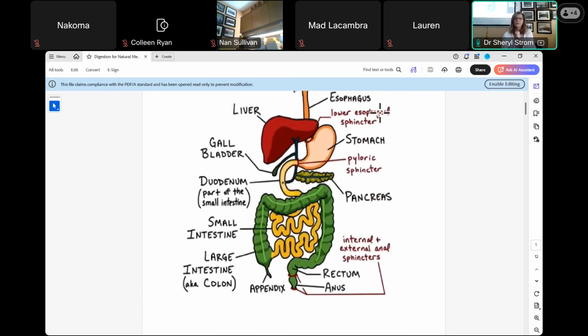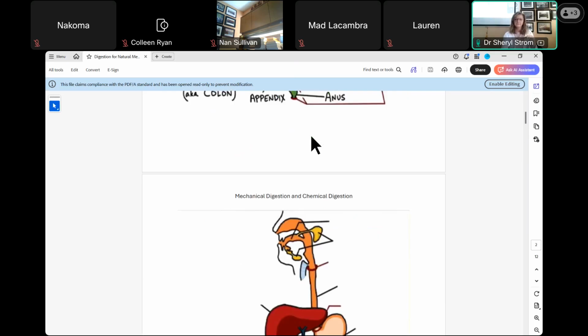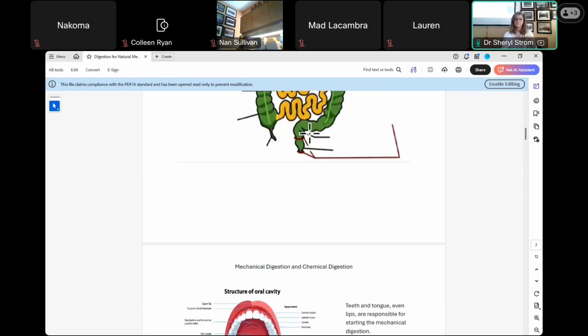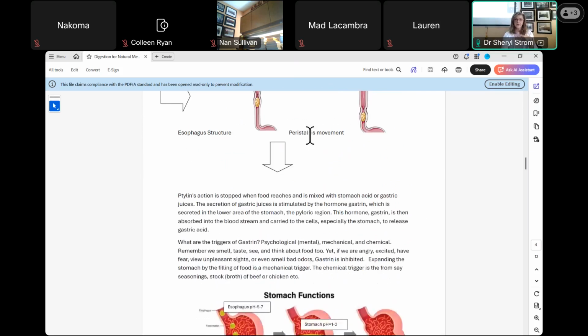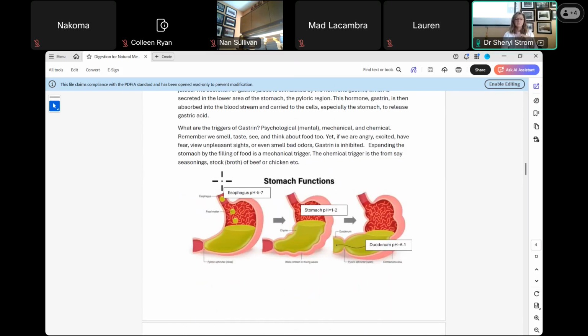So the lower esophageal sphincter. Okay, I'm going to scroll back down. So put this in your drawing as well. So right about here, you have the lower esophagus, and then the sphincter, so it will open and close right about here. Food will enter.